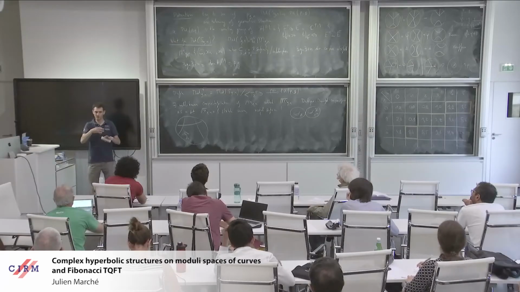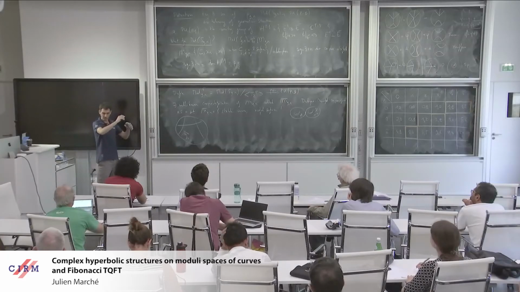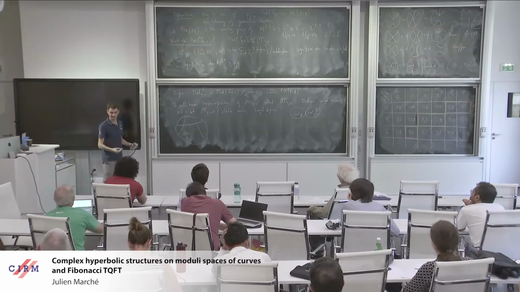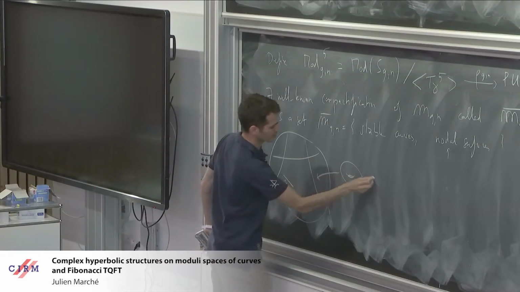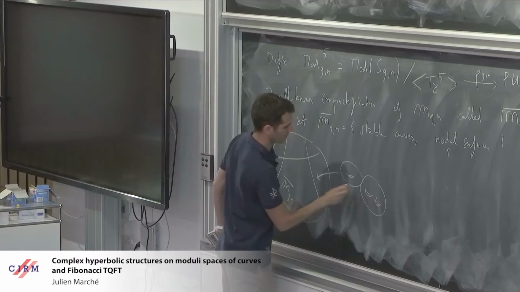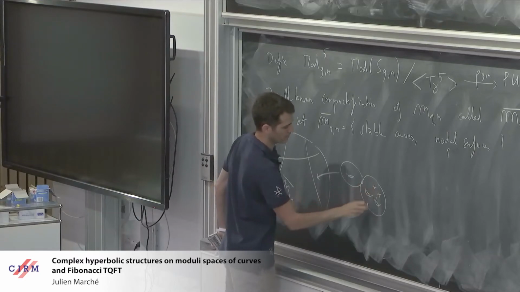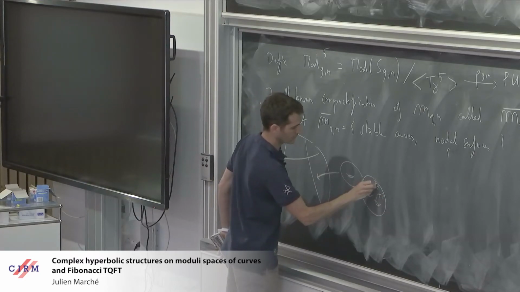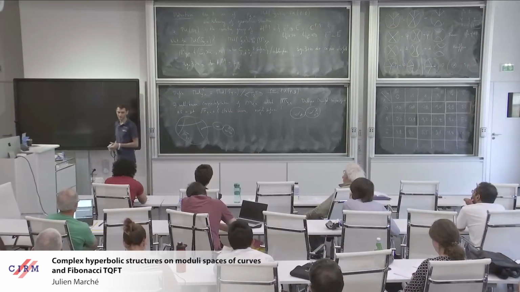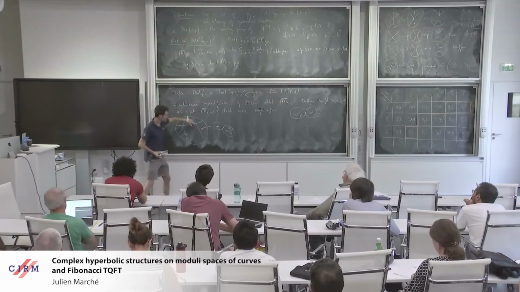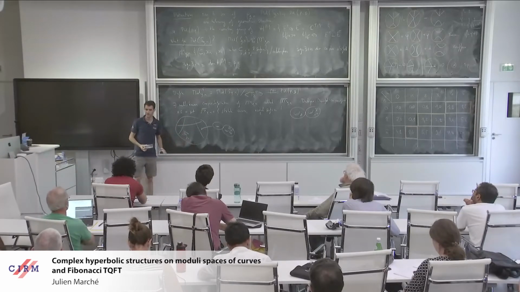There are a finite number of them, corresponding to all the possible stable curves you can add. So for instance, here you have this stable curve, which consists in adding some elliptic curve here, and it corresponds to a hypersurface.